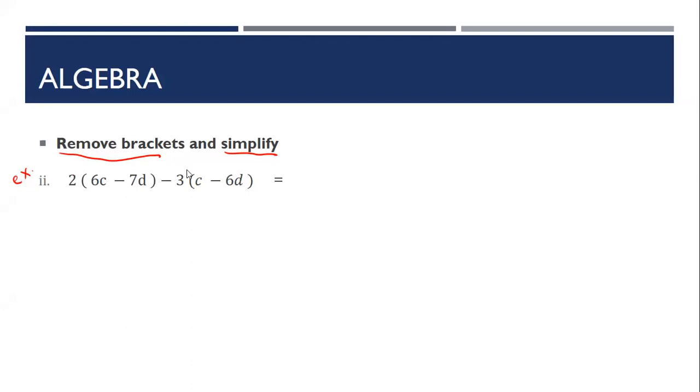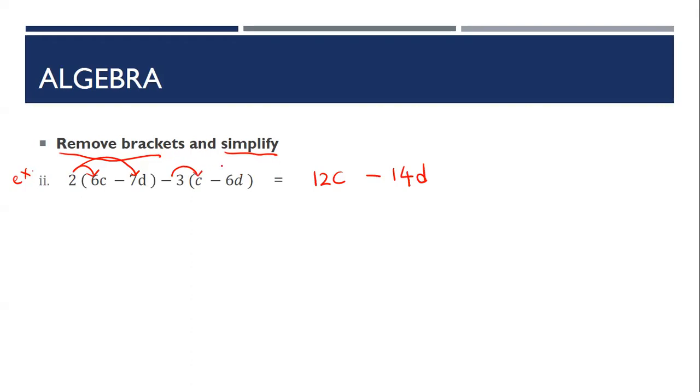Okay, so let's check our answer. Yes, 9c plus 4d. Let's check. So here 2 into (6c minus 7d) minus 3 into (c minus 6d). 2 into 6c is 12c, and 2 into minus 7d is minus 14d.